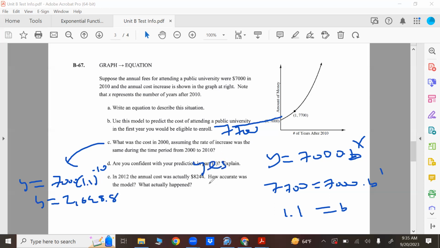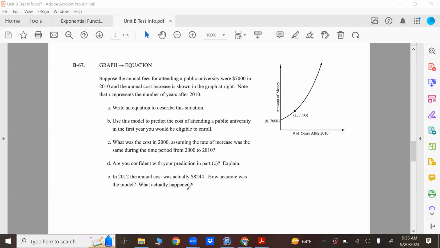And then the cost in part 2, how accurate is the model? So if you plug in 2 for x, it's not going to be that close. I mean, it's kind of close, but it's not spot on. Yeah, it's off by 200 people. Sorry, $200. I'm not talking about people, talking about money. Sorry, we're talking about money. I thought we were talking about population. My bad.